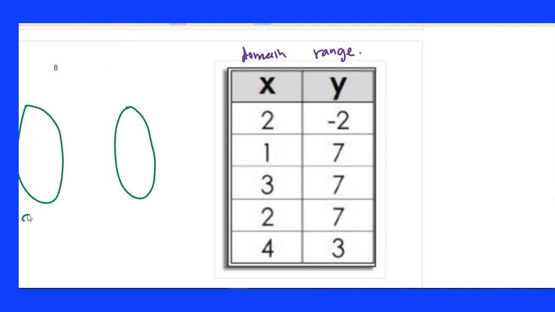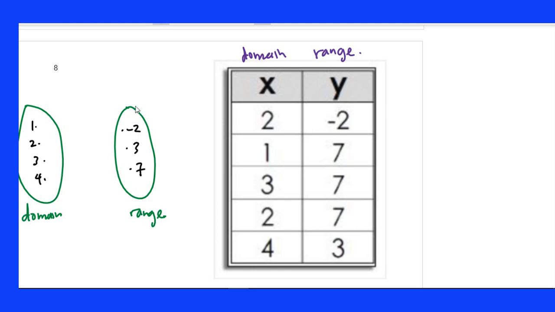This is the domain and this is the range. The elements in the domain are 1, 2, 3, then the range here is negative 2, 3, 7. So actually the range is negative 2, 3, 7.